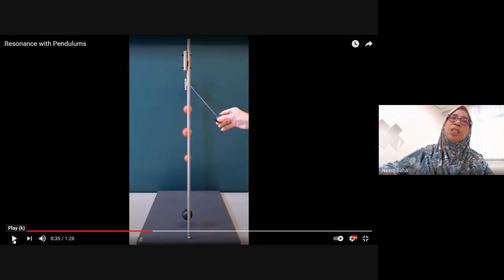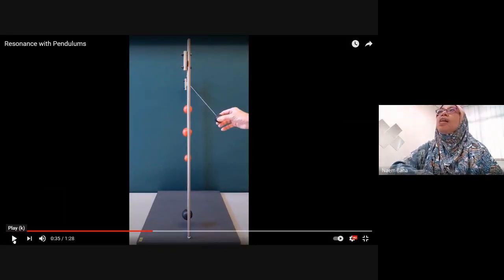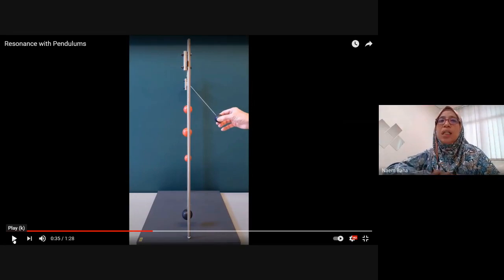So in short, what is resonance? Resonance is the effect where amplitudes will be magnified, getting larger, because the forced vibration has the same natural frequency as the object.